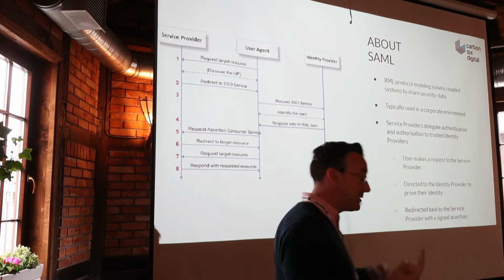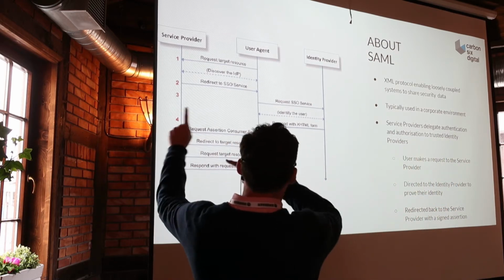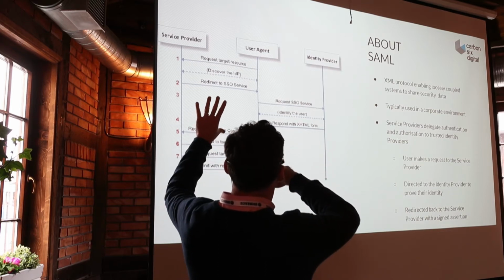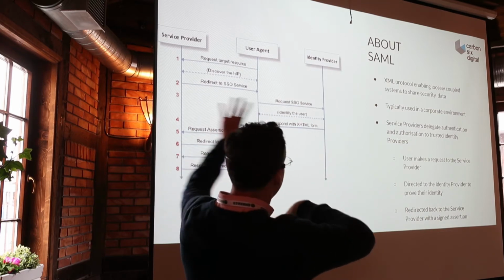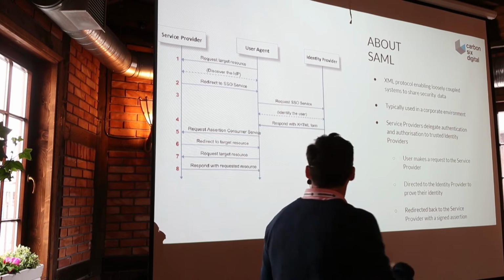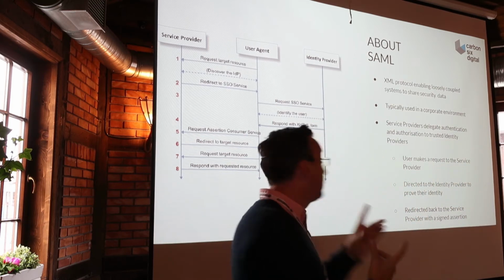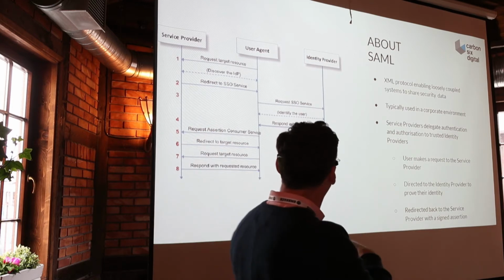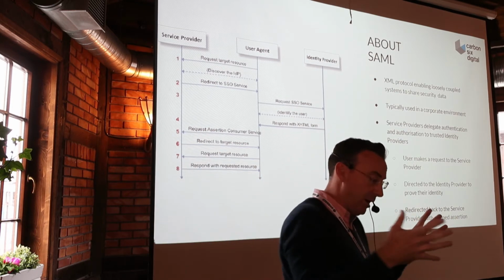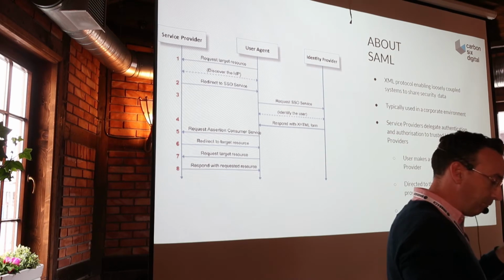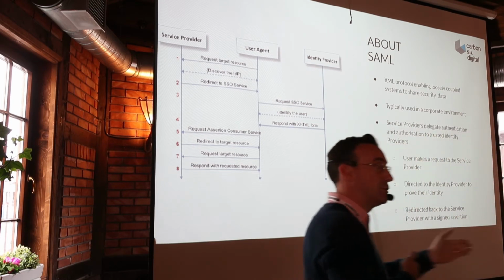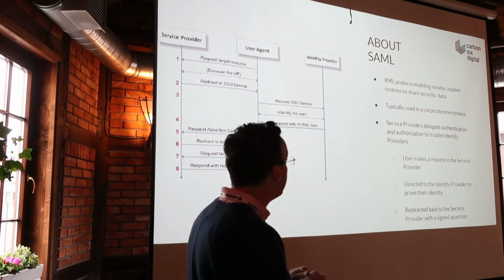And we'll see in a moment, there's a number of different ways that you can go about this conversation between the client's browser, the service provider, and the identity provider. There is no interaction between the two ends of the relationship. All of the interaction happens by redirecting the browser to the different providers.